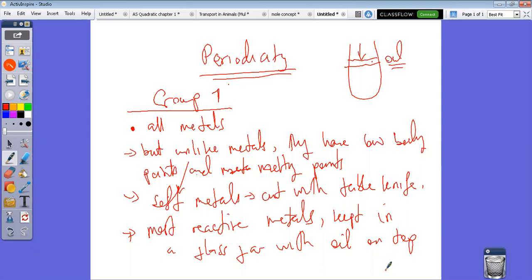Clear? We want to preserve them and use them for many experiments. Are we together? Making sense?